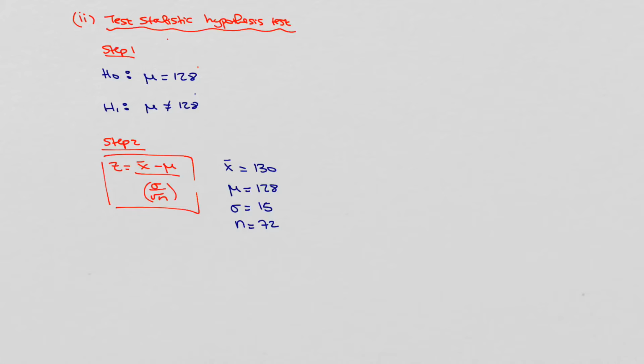So subbing our values in, we have 130 minus 128 over 15 over the square root of 72. And subbing that into our tables, we get 1.13.